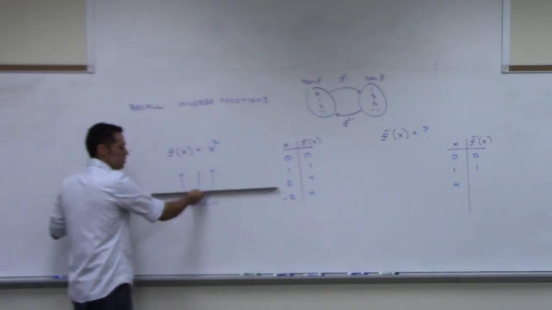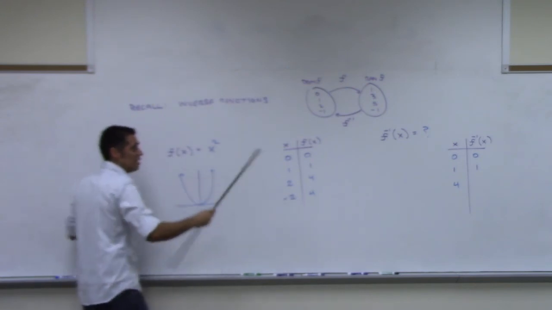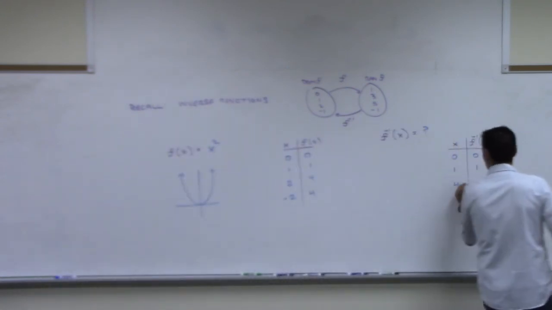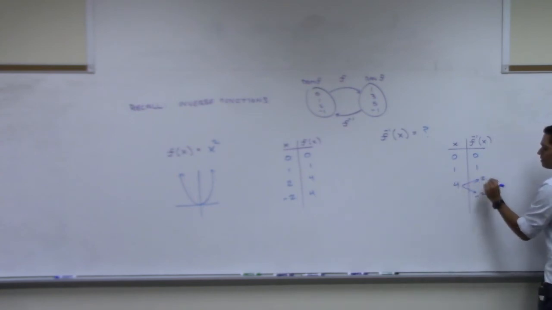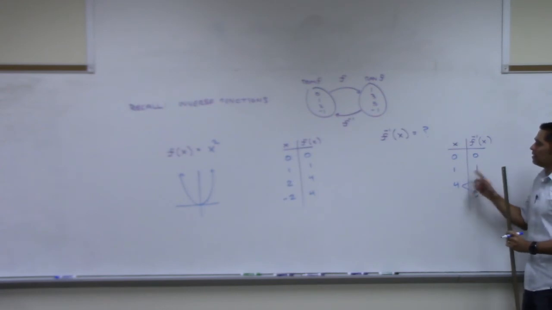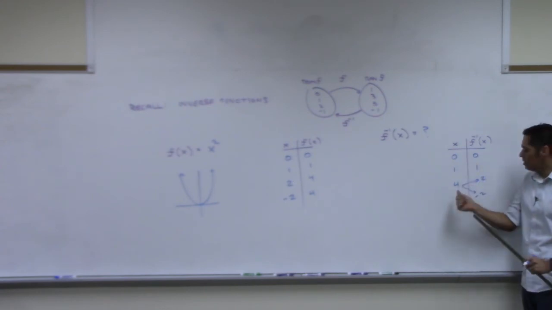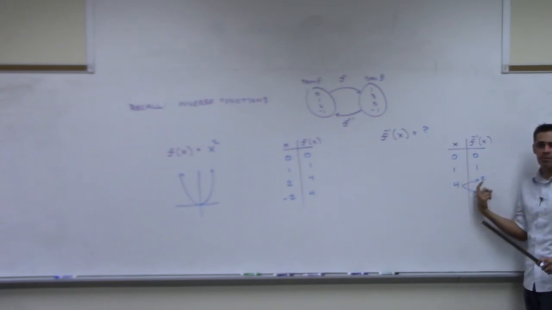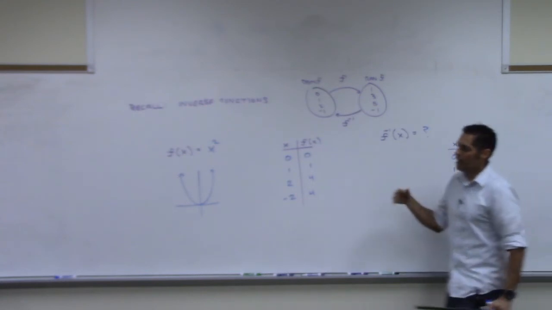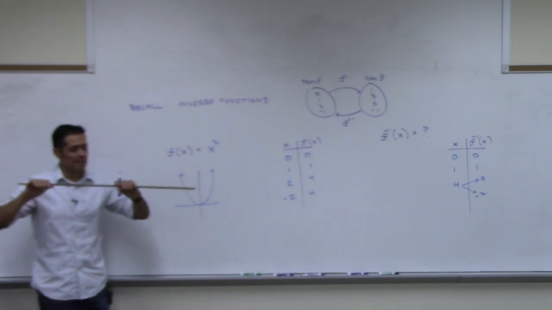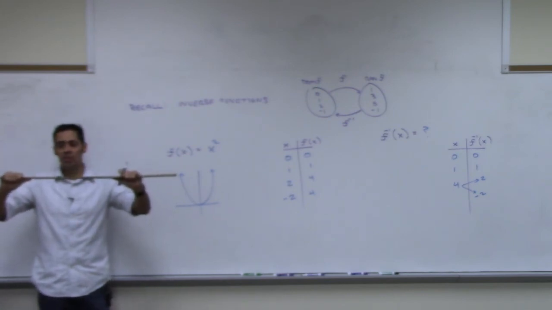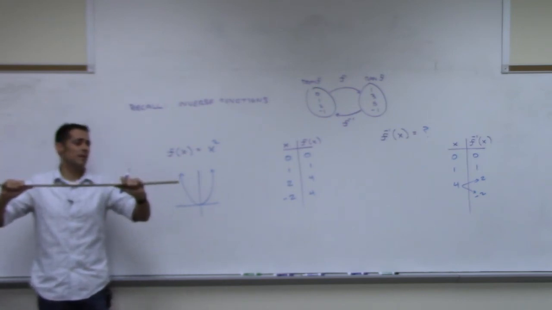But it fails the horizontal line test, meaning that when you come back over here, 4 has to go to two different places, right? -2 and +2. And that means that this thing fails to be a function, because you can't have an input go to two outputs. So whenever we look at a graph of something, the horizontal line test was the main test that we used to determine whether or not it had an inverse, right?